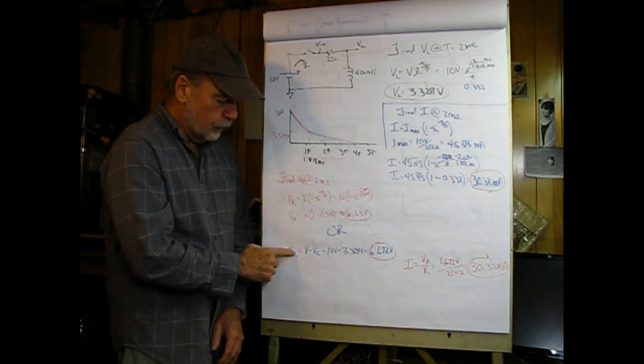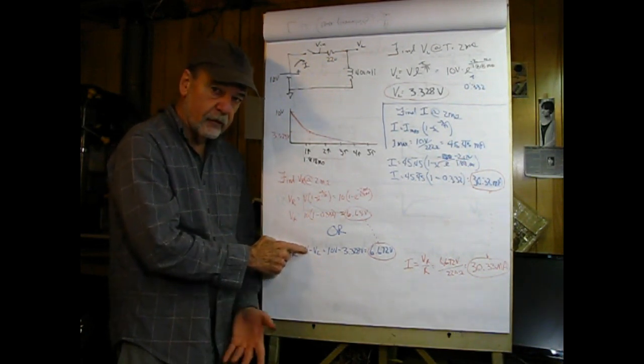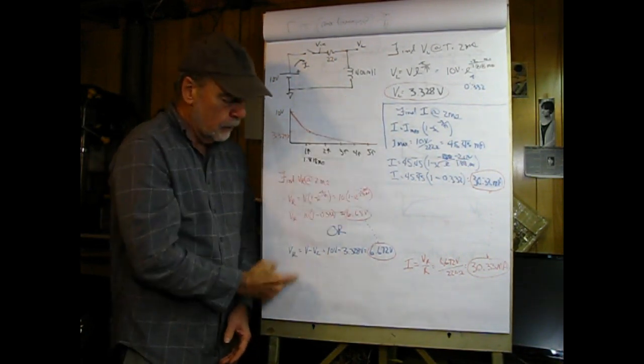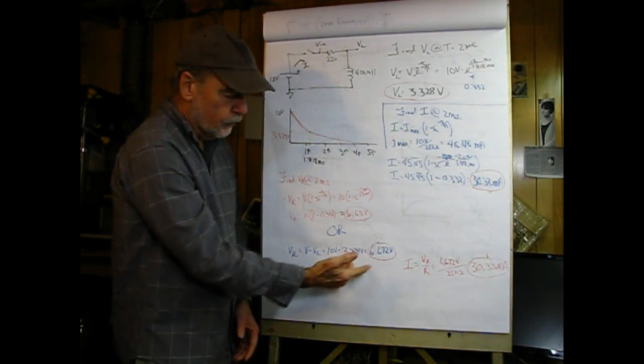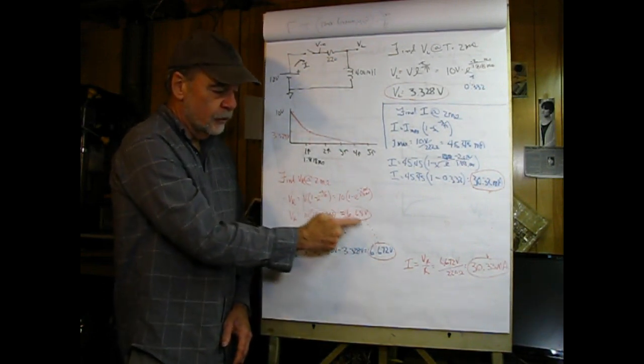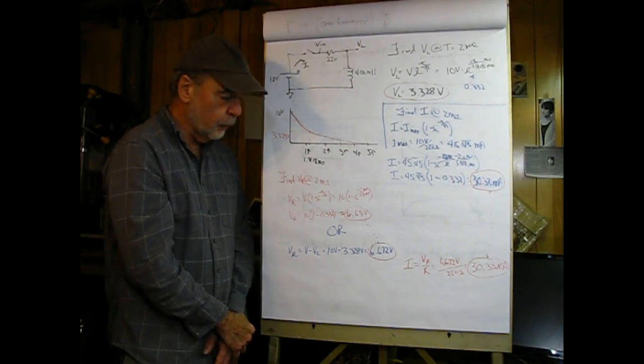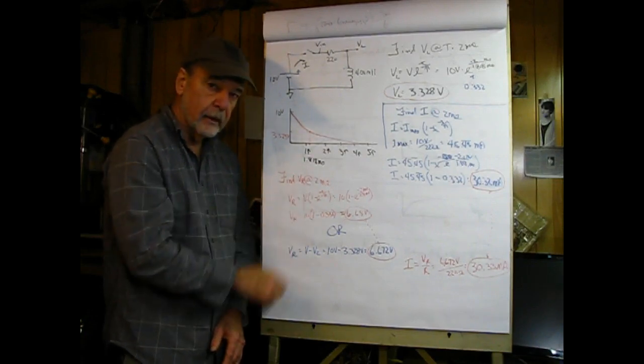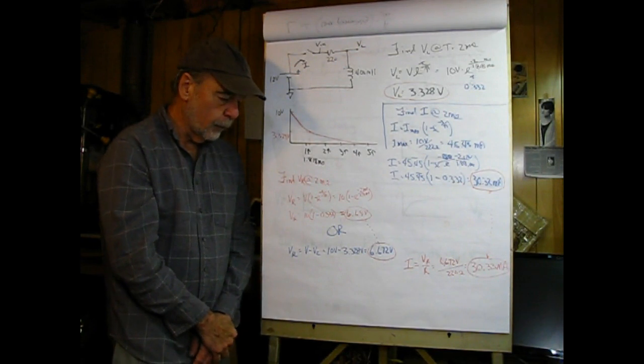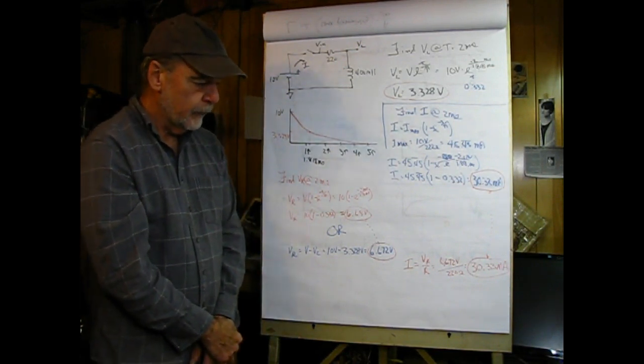So if I want to find the resistor voltage, I just subtract the capacitor voltage, which we determined up here, from 10 volts, and that gives us 6.672, which compares favorably with the 6.68 that we obtained by using the more verbose exponential form.